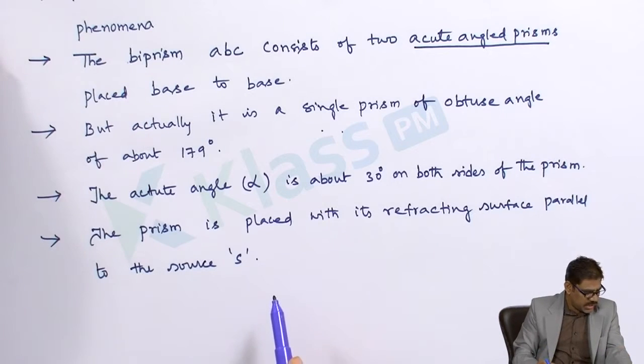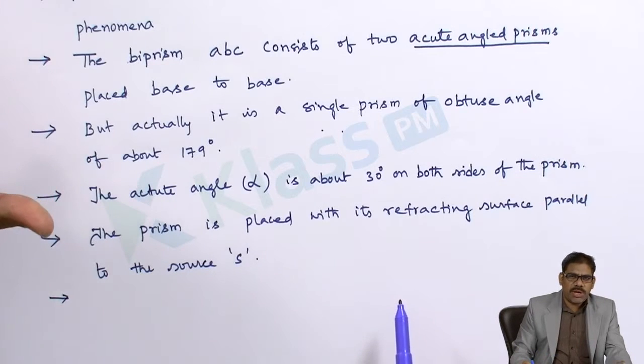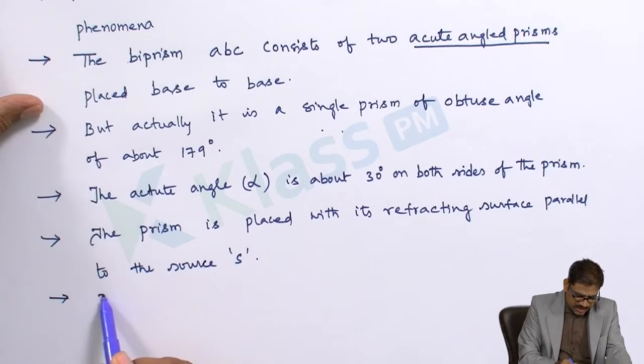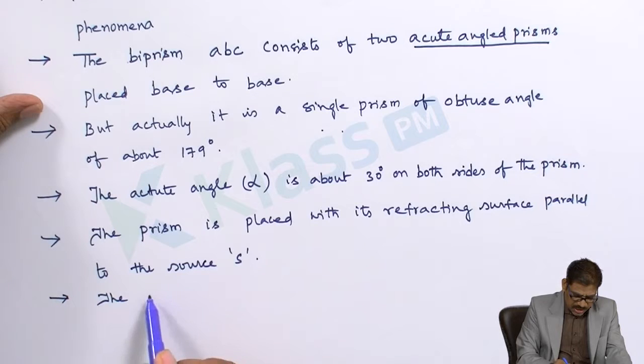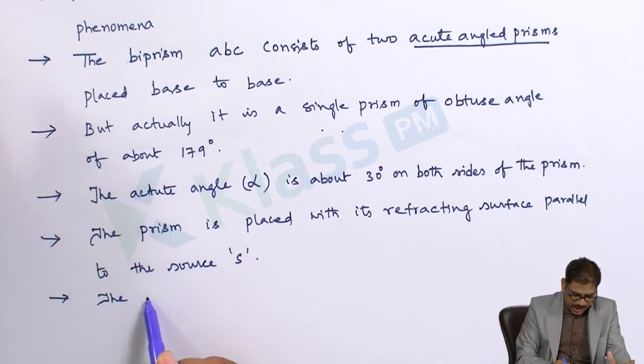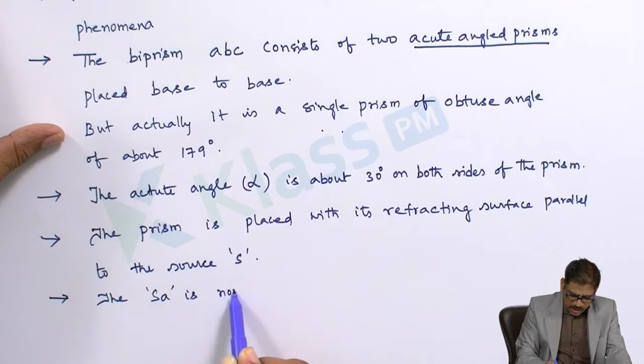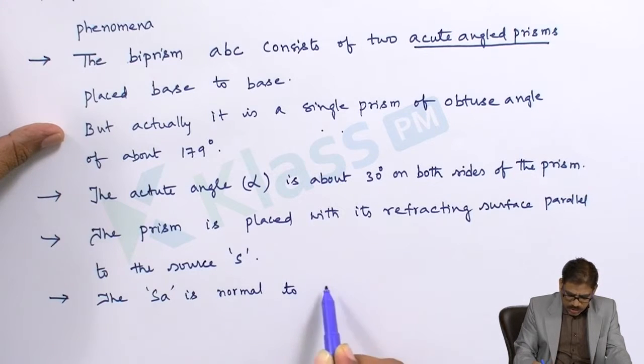Next, in doing so, by placing it normal to S, the ray, or otherwise we can refer to it as SA, is normal to the base of the prism.